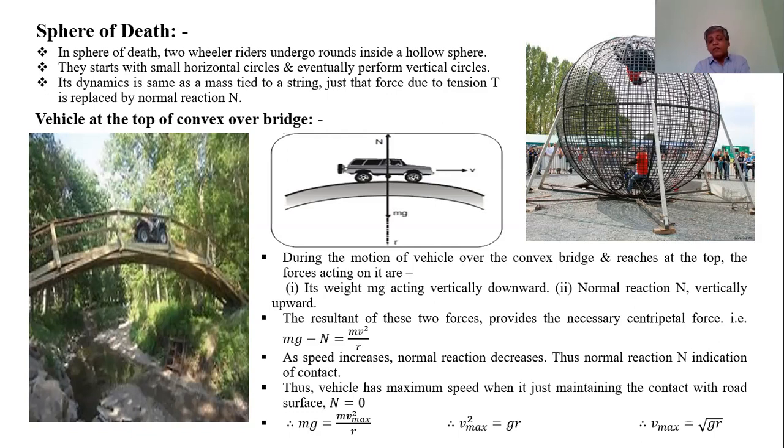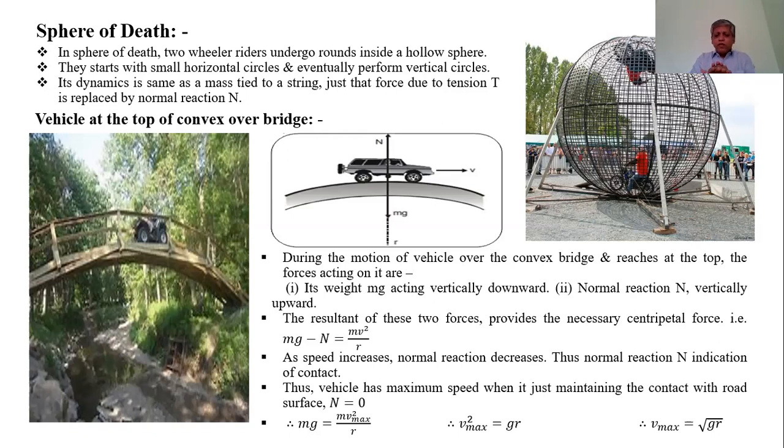But when the speed is greater than that maximum speed, the vehicle cannot stay in contact with the road surface. If this is the road surface and this is the vehicle moving along it, and the speed is larger than the maximum speed required here, the vehicle moves vertically upward and loses contact with the road surface. The vehicle can jump.